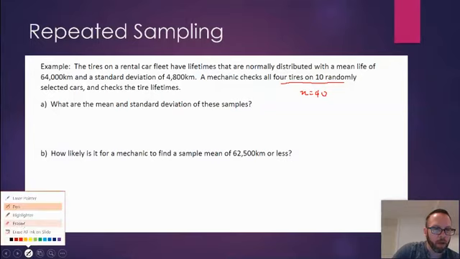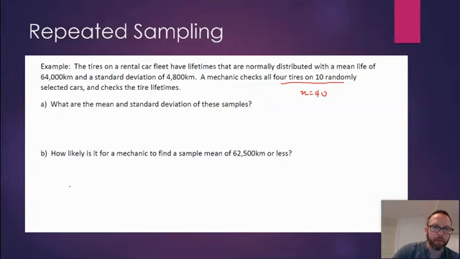It's unlikely that if this mechanic checks the lifetime of 40 tires, the mean will be exactly 64,000 kilometers.